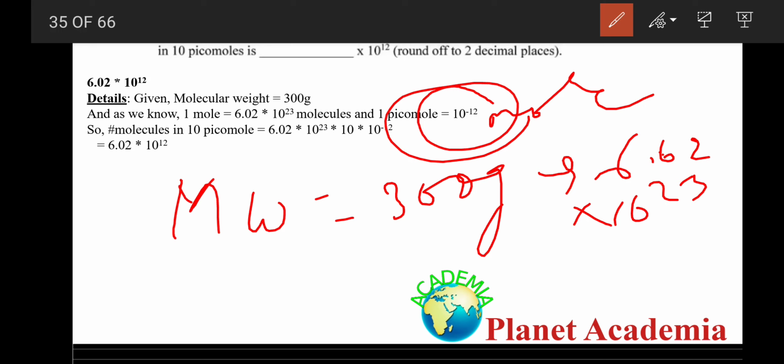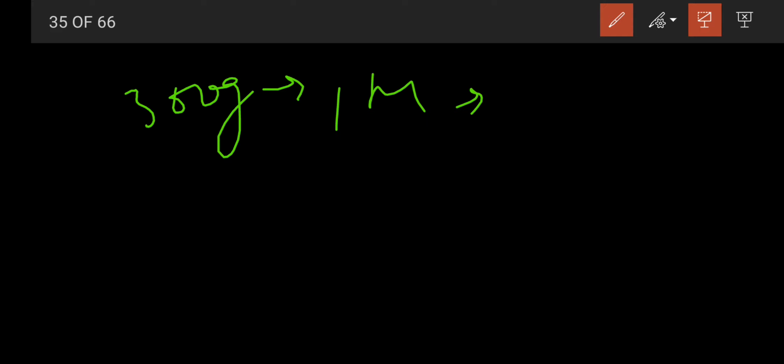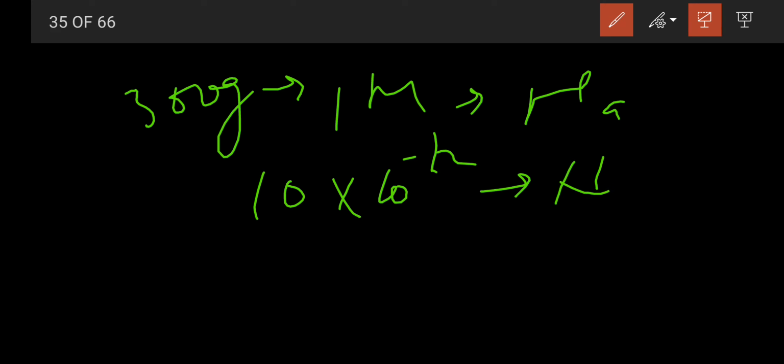Sorry, it is 10 picomole, not 1 picomole. I made a mistake. 300 gram, 1 mole, and Na particles; 10 into 10 power minus 12 mole is Na into 10 power minus 11.